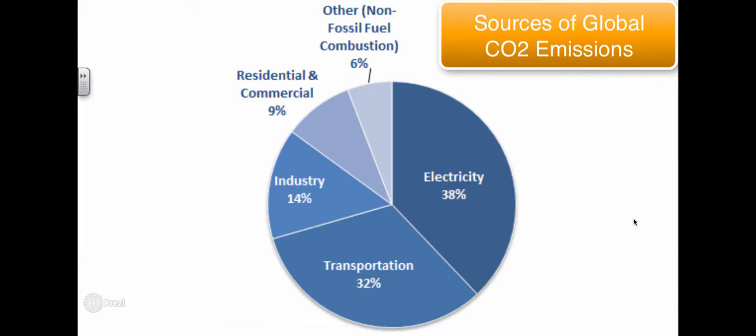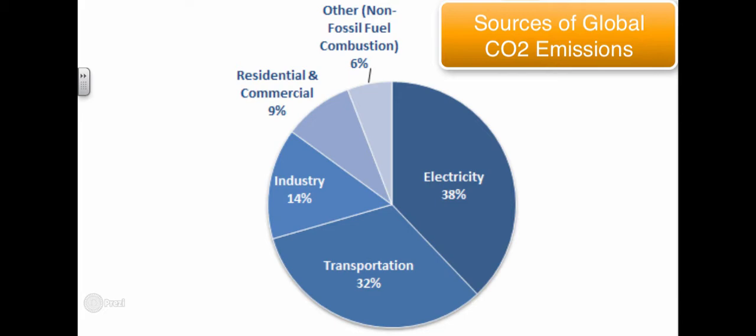So like you can see from this pie chart, the majority of hydrocarbons that we are combusting is for electricity. Because we're combusting so many hydrocarbons like coal, natural gas, petroleum, because we're combusting so many of these fossil fuels, we're producing a ton of CO2 emissions. So 38% of CO2 emissions come from electricity sources. 32% come from transportation.